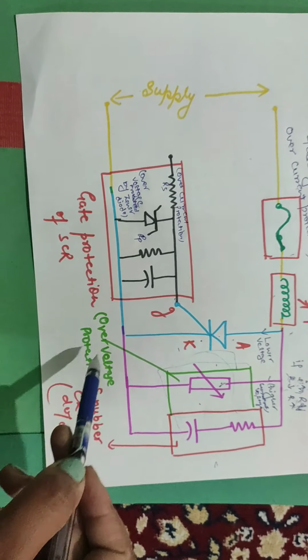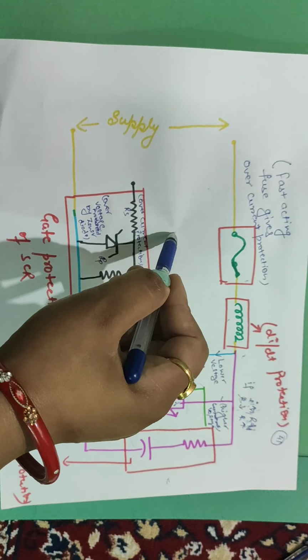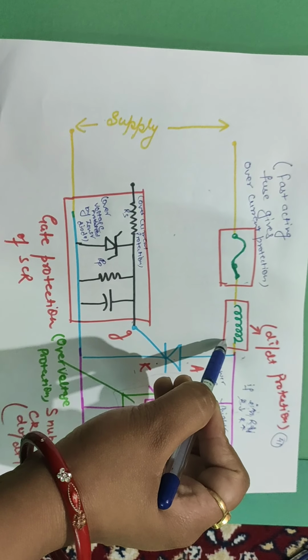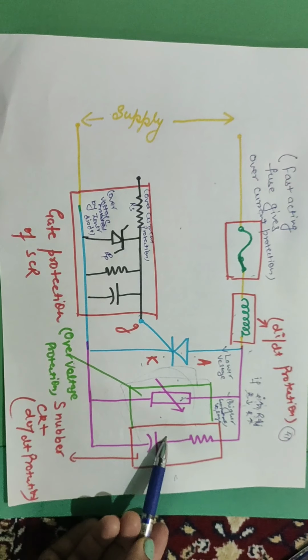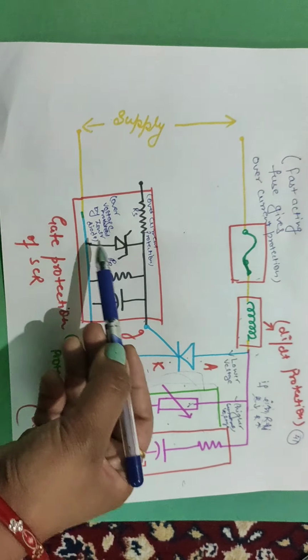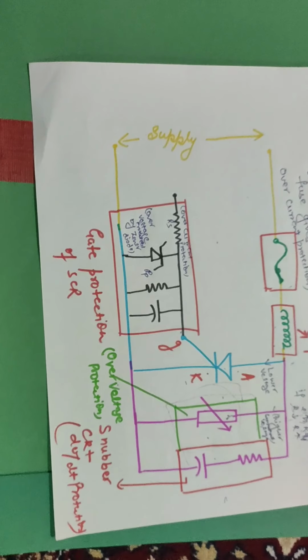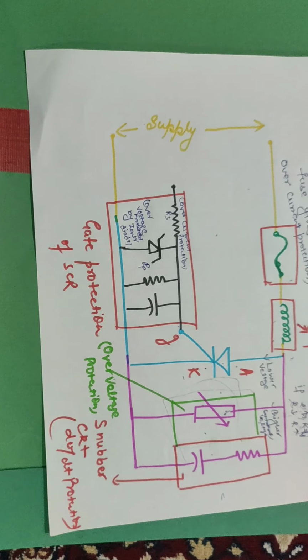So this is for over voltage protection. Fuse is for overcurrent protection. Di by dt protection is done by inductor. Snubber circuit is for dv by dt protection. Last is for gate protection.